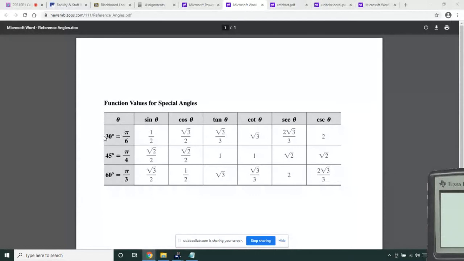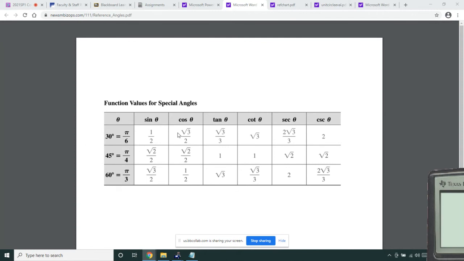We will use 30 degrees as a reference angle. This means that the sine of 30 degrees and the sine of 210 degrees are exactly the same in value. The only difference is the sign. So the sine of 30 degrees is 1/2. The sine for 210 degrees is negative 1/2.